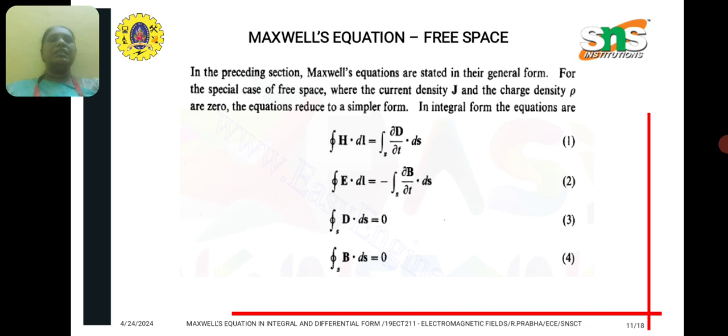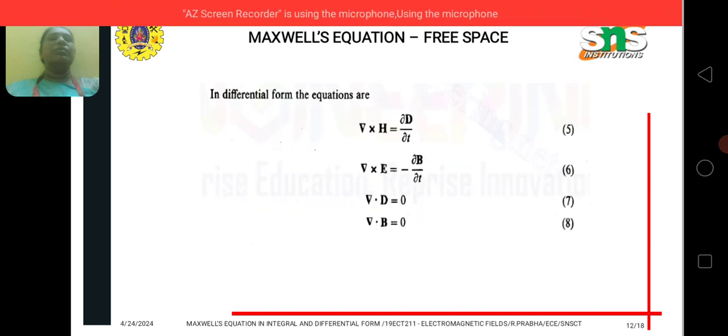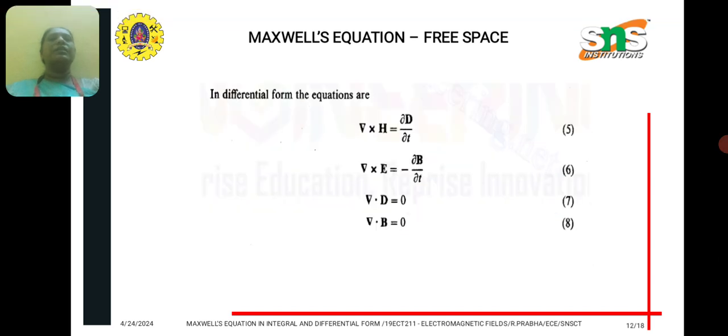In free space there is no charge density, so in the third equation D dot dS is 0 on the right hand side. In differential form, del cross H is equal to dou D by dou t, del cross E is equal to minus dou B by dou t, del dot B is equal to 0, and del dot D is also equal to 0.